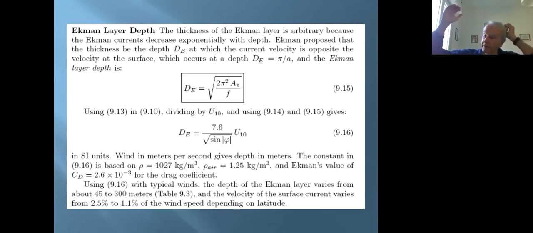If you look at the solution in the northern hemisphere, the Ekman transport is to the right-hand side of the wind direction.